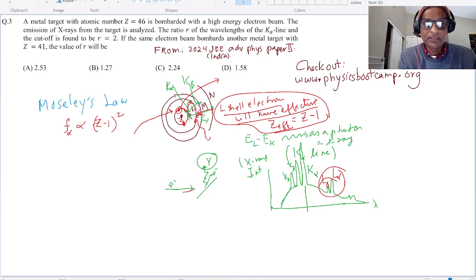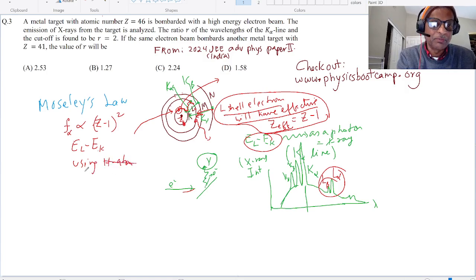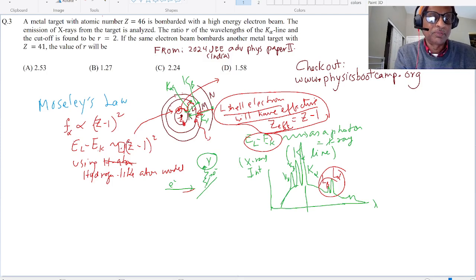If you look at the L shell electron energy, EL, and work it out using the hydrogen-like atom model with the Z there, then this will be (Z minus 1) squared, and there will be some factors of units of energy.